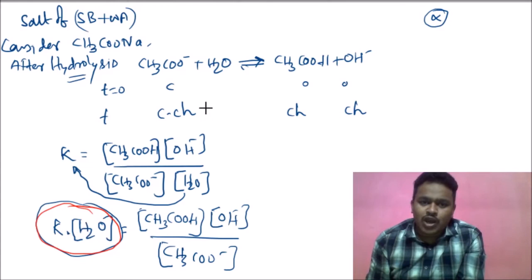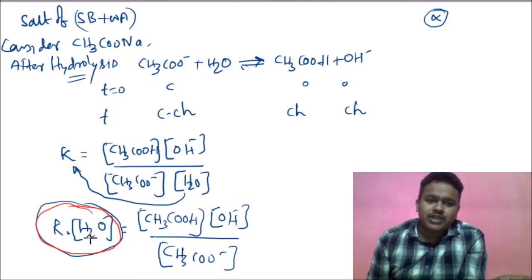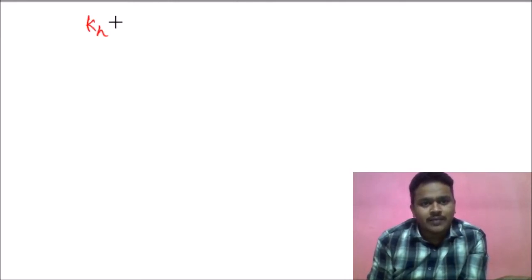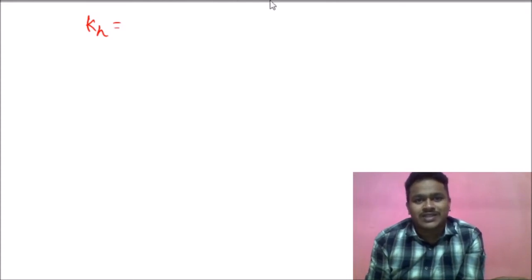Why? A small amount of water is used out of a large quantity, so the amount of water is almost the same. That is why the concentration of water is maintained as a constant value, and the equilibrium constant into that constant value is combinedly called some constant. That constant we give the name Kh. This is the hydrolysis constant.